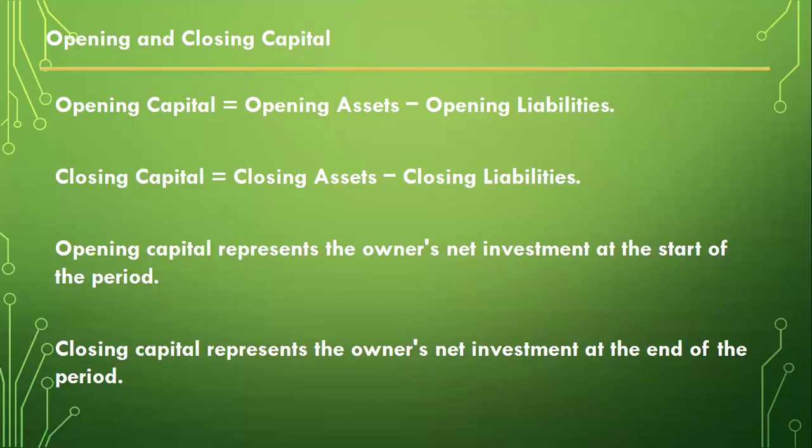So for a good illustration, our opening capital is always gotten probably on 1st of January 2024, and our closing capital is gotten from 31st December. So in a situation whereby you have an illustration with capital as at 1st of January and capital as at 31st of December, it should tell you something about what is expected of you to do.